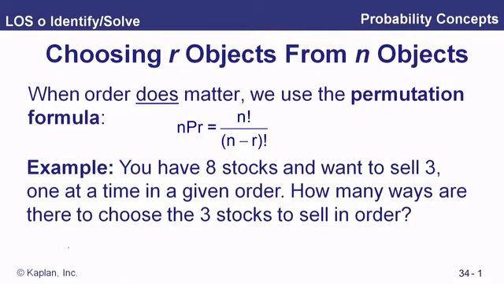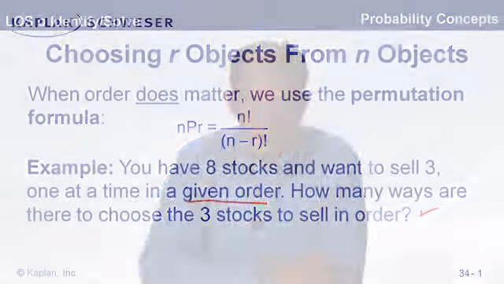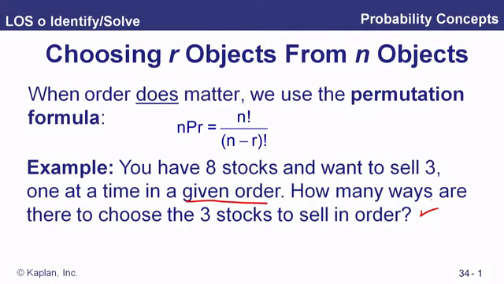Now, when order does matter, and look at the wording here, you have 8 stocks, you want to sell 3 one at a time in a given order. How many ways are there to choose the 3 stocks to sell in order? So this is going to be more than the number of groups of 3, because now each group of 3 can be ordered in different ways. And how many ways can they be ordered?